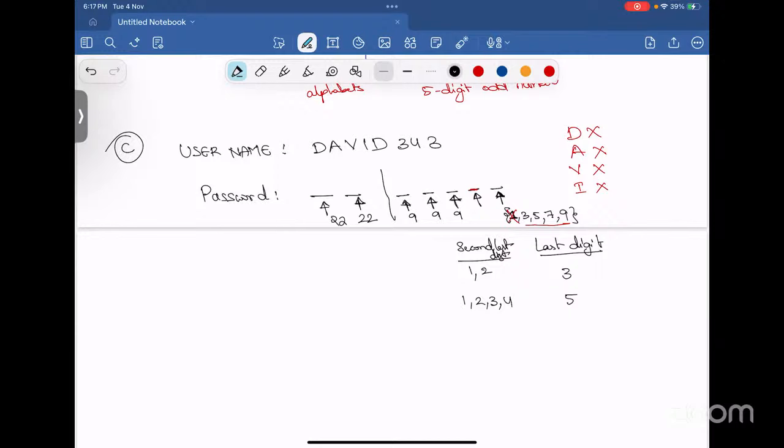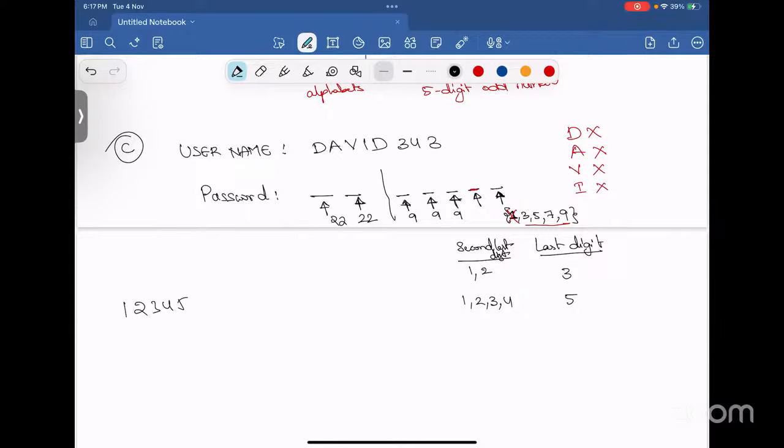But actually, are the last 5 digits odd numbers? No, it is a 5-digit odd number. It's not that everything is odd. So a 5-digit odd number is some number, for example 1, 2, 3, 4, 5 is a 5-digit odd number.